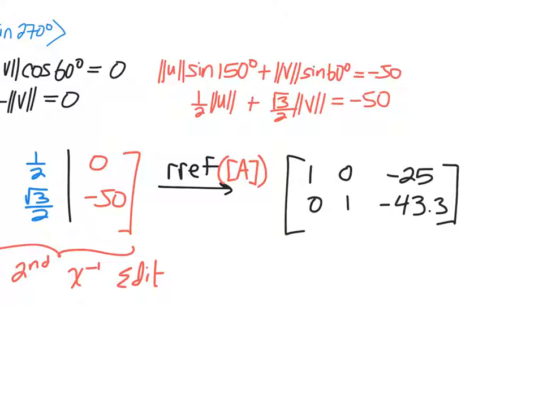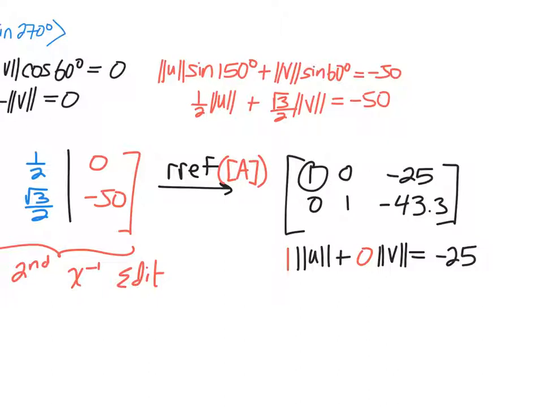So what we're looking at here is a coefficient of 1 for the magnitude of u. So I'll write a 1 there, plus a coefficient of 0 times the magnitude of v is equal to -25.